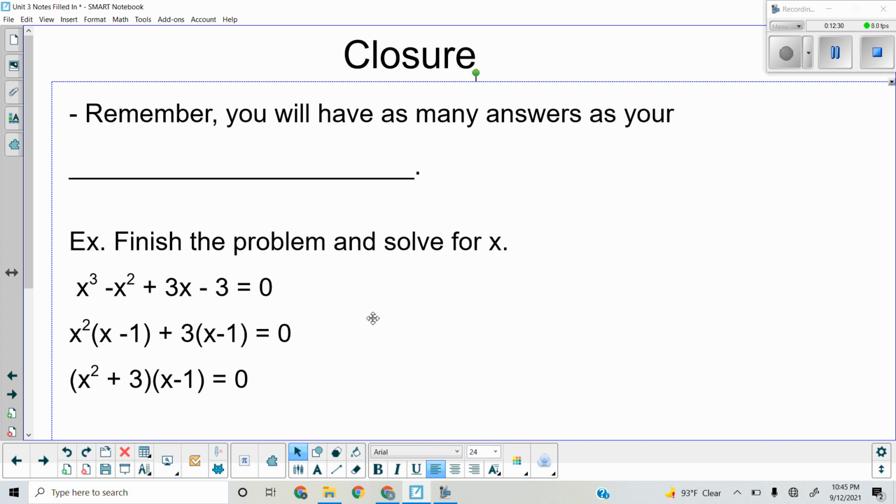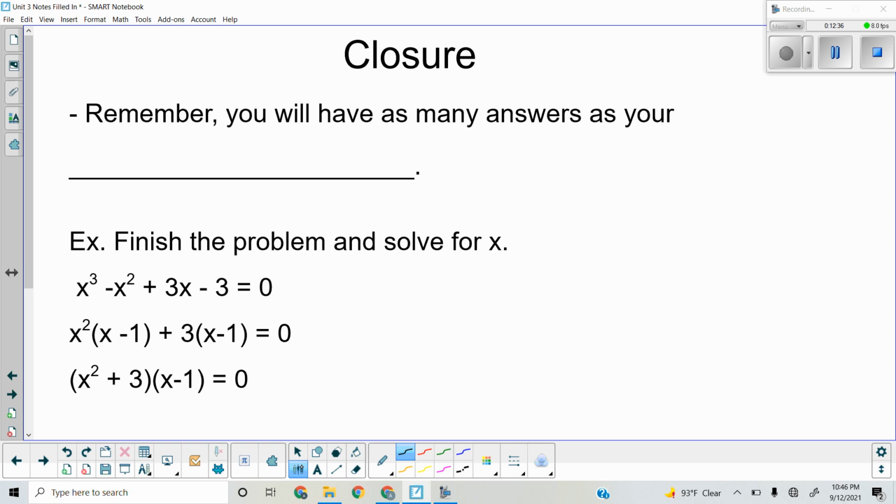And then what would we get for x on these ones? You should get, set them up like that.